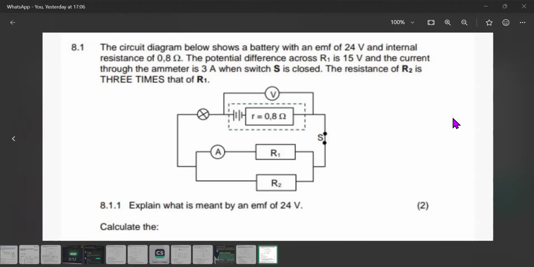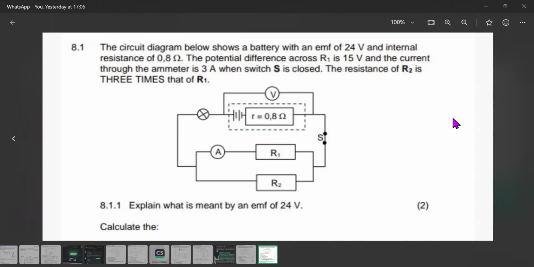They said it's 15 volts. And since R1 and R2 are connected in parallel, then we understand that the potential difference across R2 is also 15 volts. They also gave us an EMF of 24 volts.